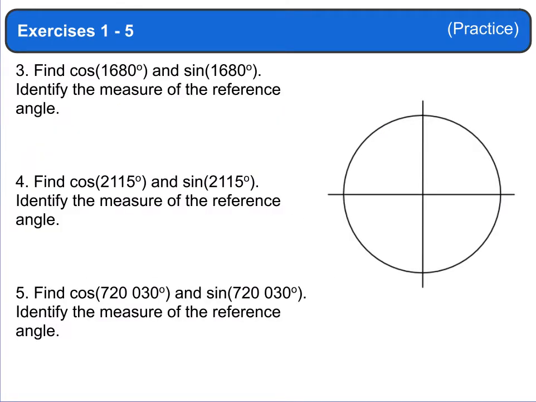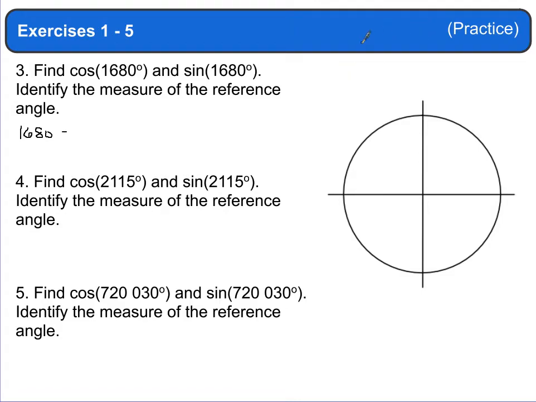Right, so if we looked at number 3, they got 1,680. So obviously, in this case, we're going to be subtracting 360 several times. If you don't want to keep subtracting 360 over and over again, what you can do is figure out how many times 360 divides perfectly into it.